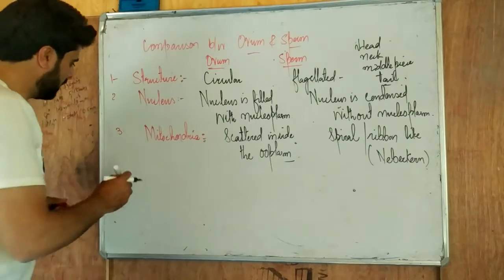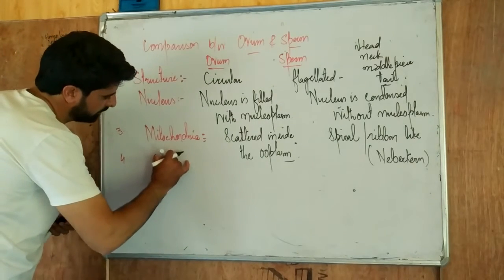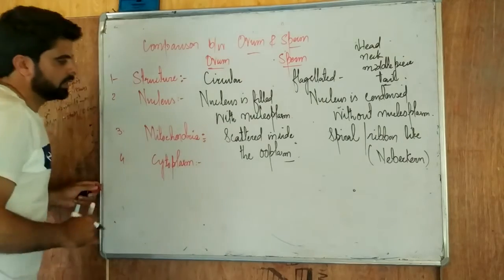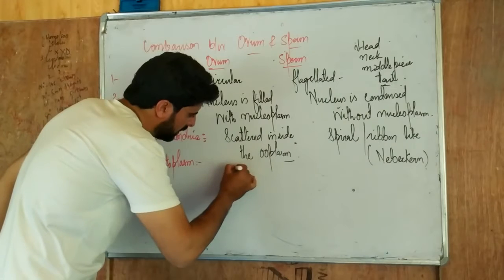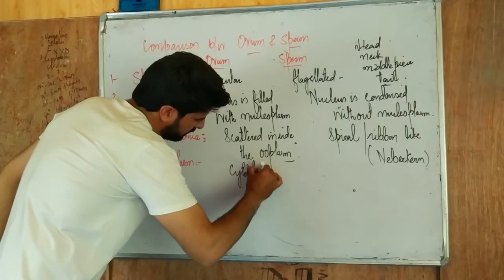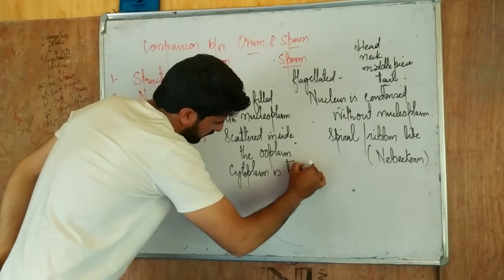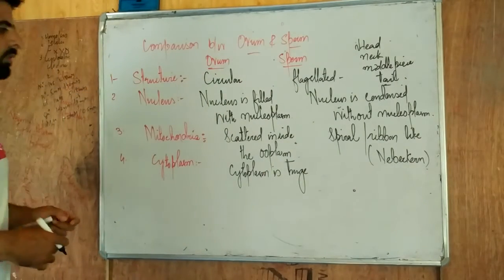One more we have, that's on the basis of cytoplasm. Now in case of ovum, cytoplasm is huge. That is present all over the ovum. So cytoplasm is huge in quantity.